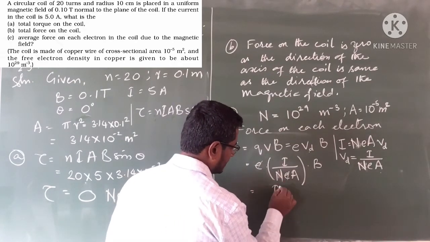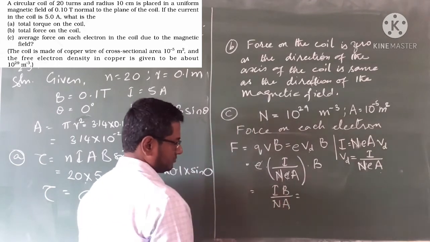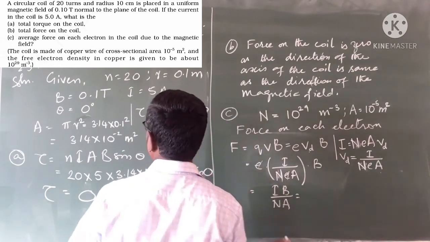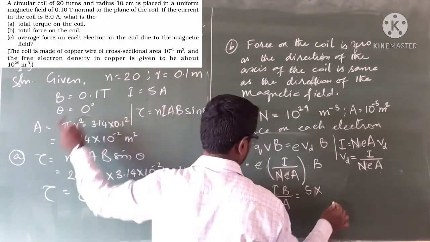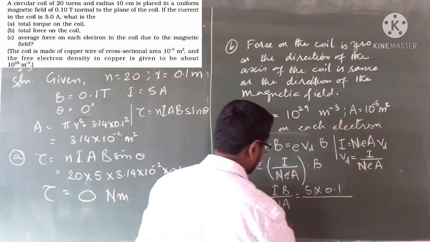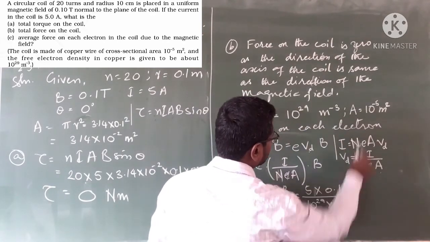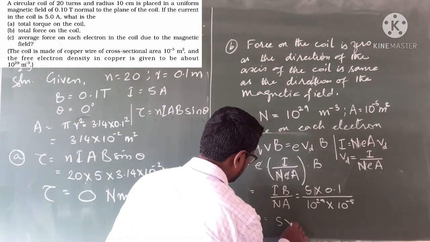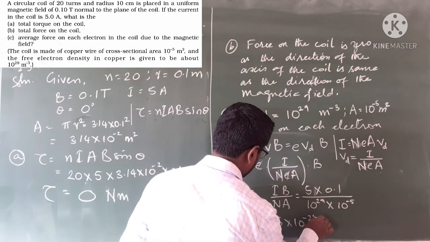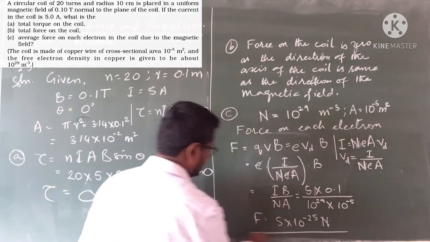So what I'm left with here is only I into B divided by N into A. So I'm having fewer terms. The current is given here, it is 5 ampere into the magnetic field 0.1 divided by N, the number of electrons, 10 to the power of 29 into the area, given as 10 to the power of minus 5. That is going to give us 5 into 10 to the power of minus 25 Newton. So that is the force on each electron.